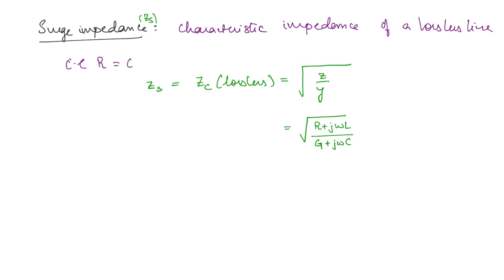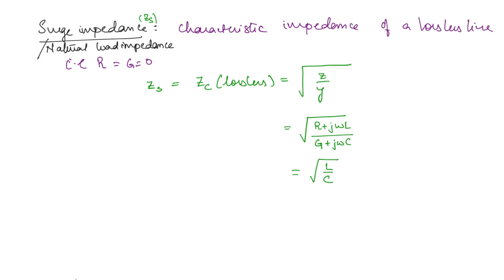For a lossless line, R is equal to G is equal to 0. So if R and G get cancelled, you will be left with j omega L by j omega C. So that is nothing but root over L by C. This is the surge impedance. Another name for surge impedance is the natural load impedance.